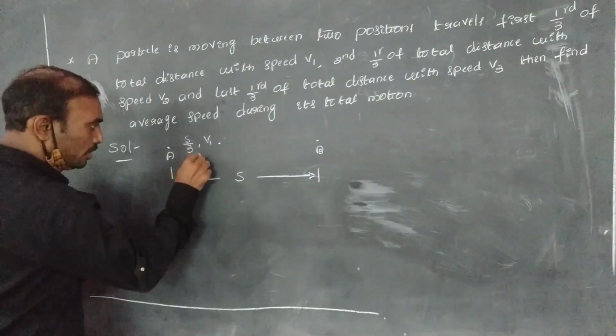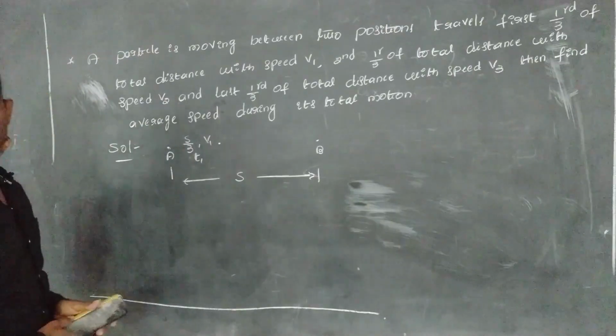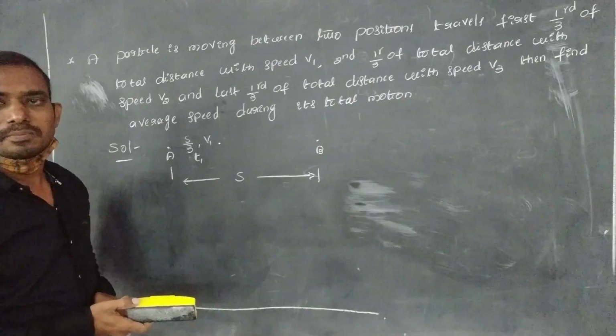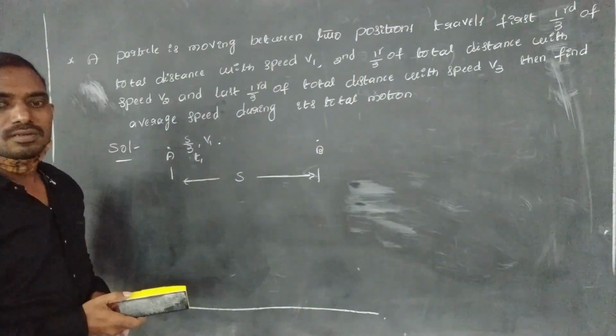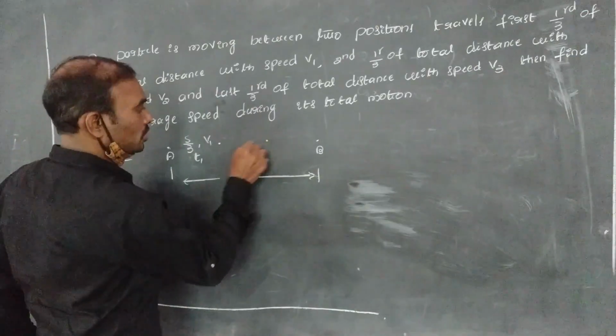Let T1 be the time taken. Second one third means the next S by 3.